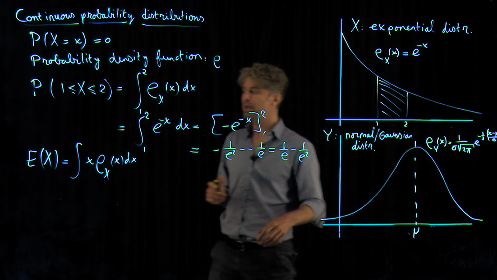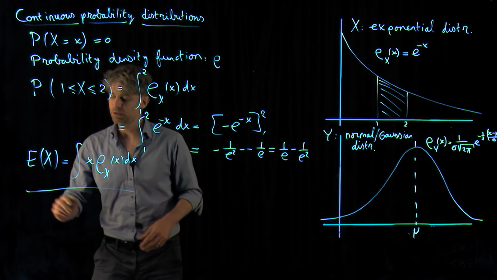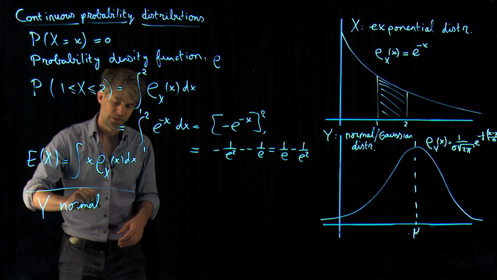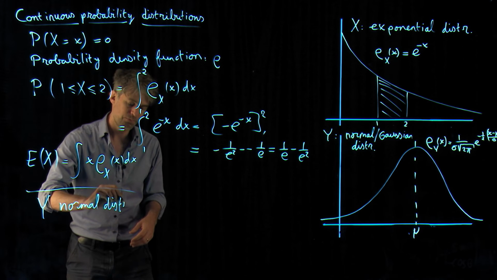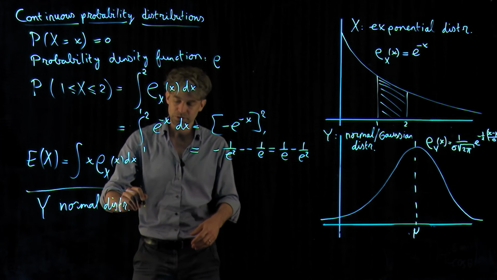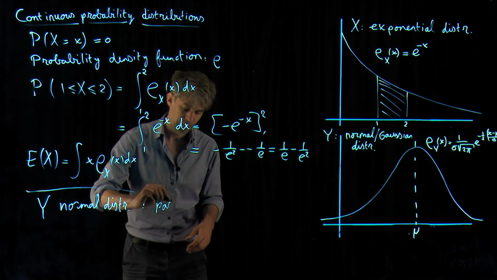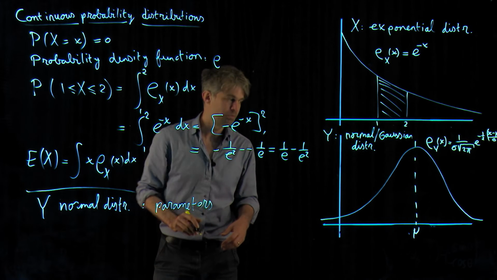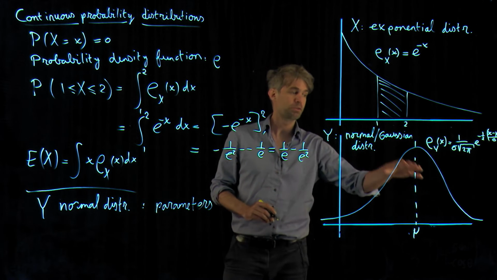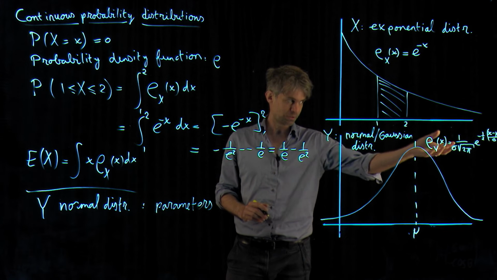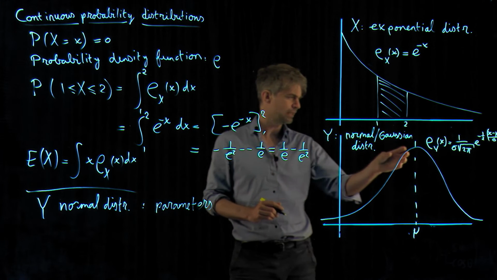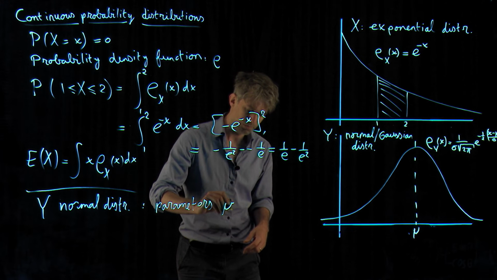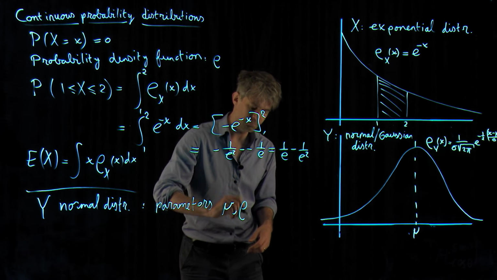There are two parameters. So we're now looking at this y, which is normally distributed. And there are two parameters which set the shape of your graph, of your distribution function, and generally determine the distribution function. And you can see here a mu and a rho. Mu and rho.